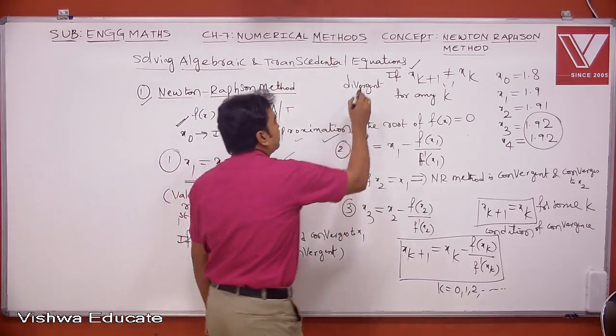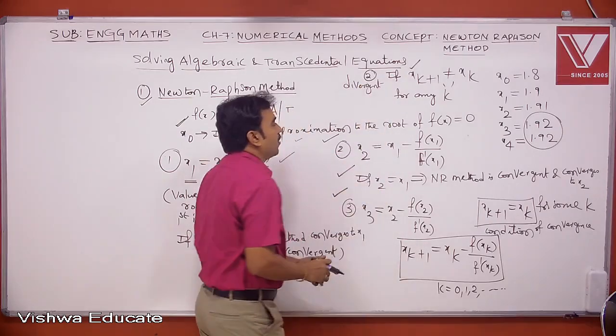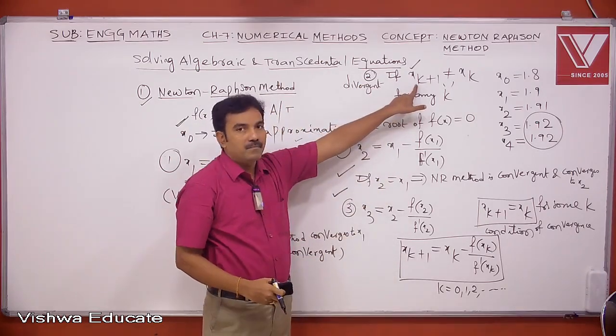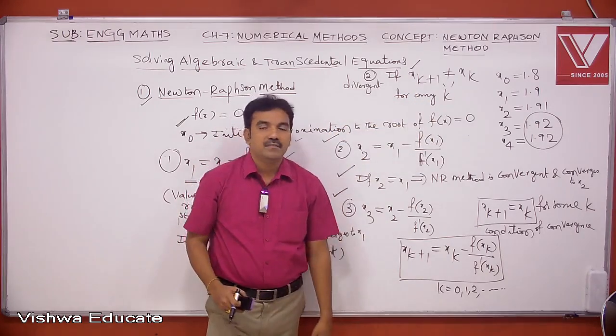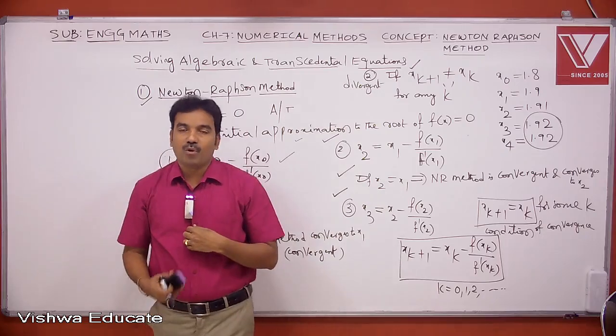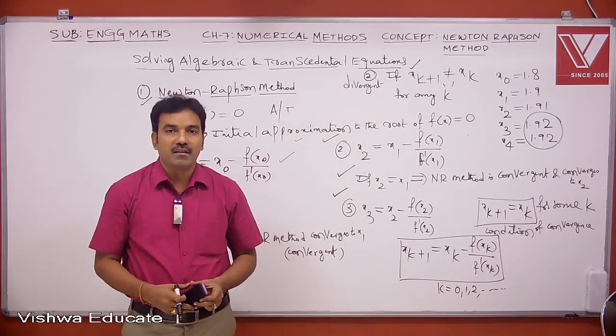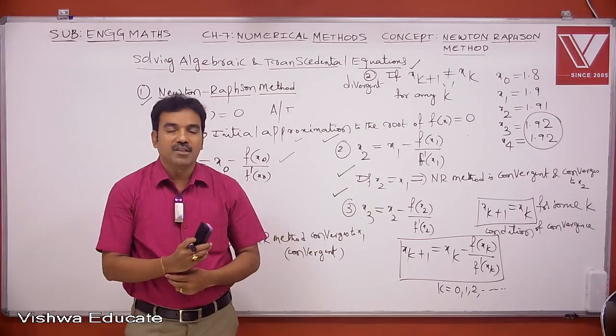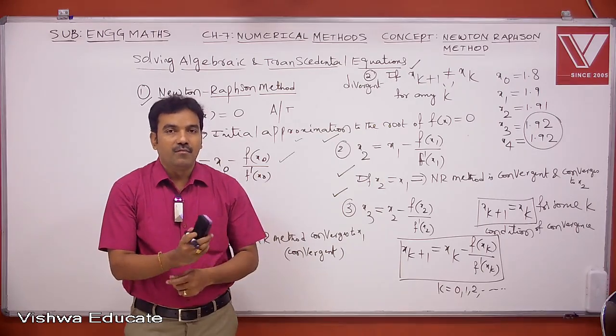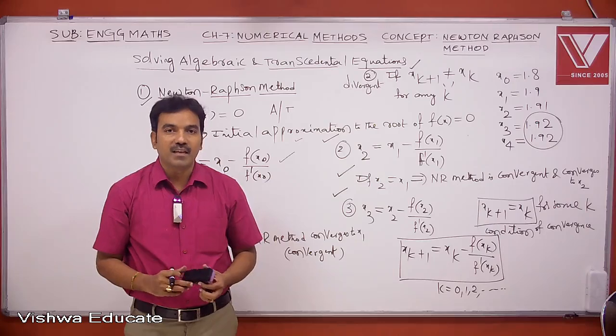Second point, if xk plus 1 is not equal to xk for any k, then the NR method is divergent.